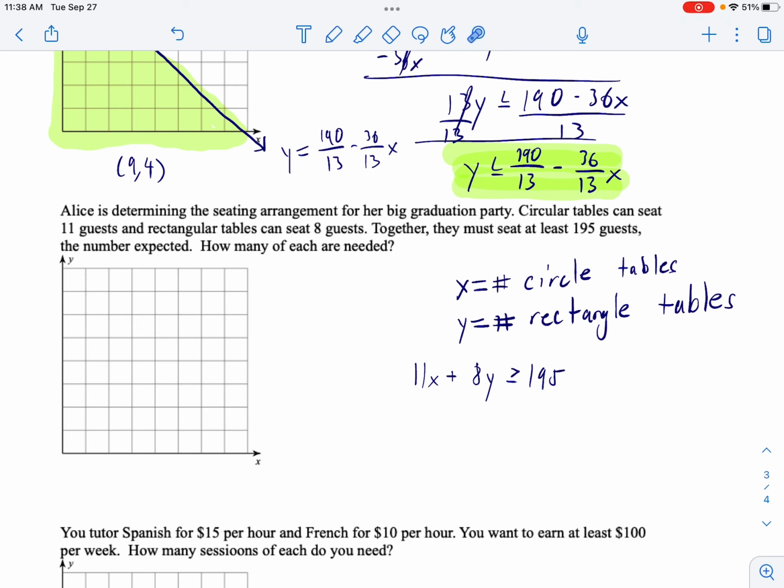Okay, so we're going to graph this just as if it were the line 11x plus 8y equals 195. Let's put this in slope-intercept form.